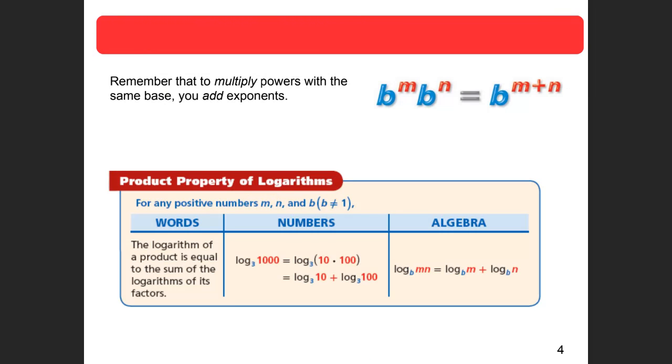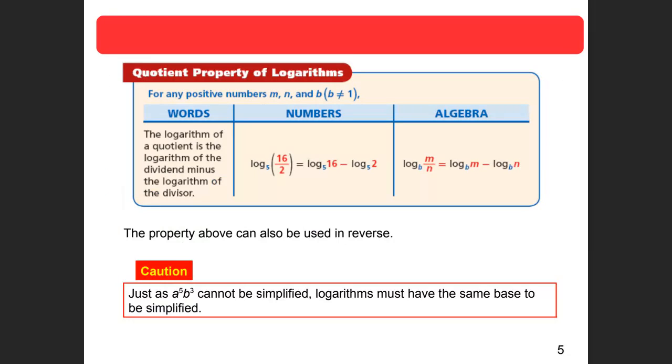If you had exponents and the bases are the same, we could add the powers. Same thing with logarithms. That's basically where these properties come from. If the bases are the same, we can just multiply the terms out. So that's where this property comes from. And the quotient property is the same thing.